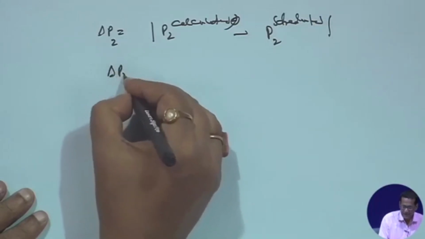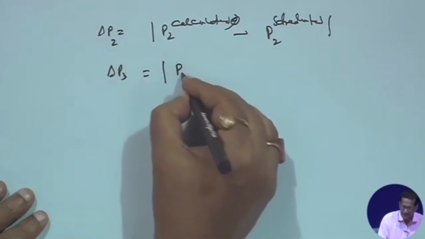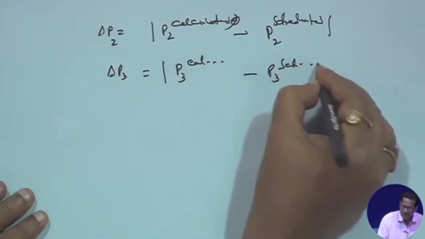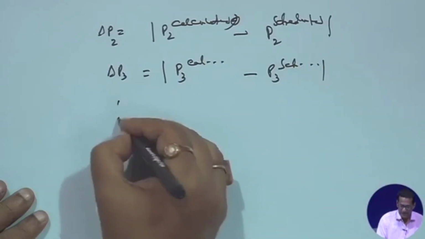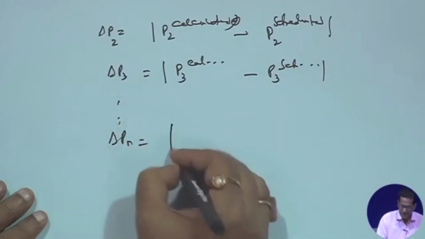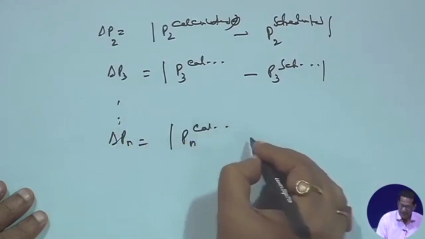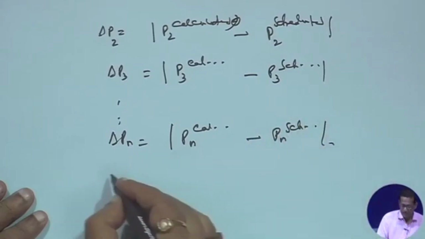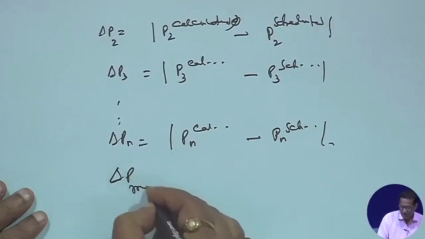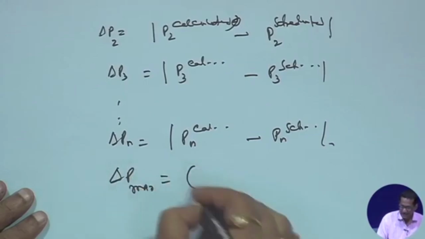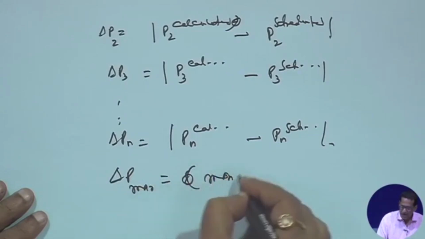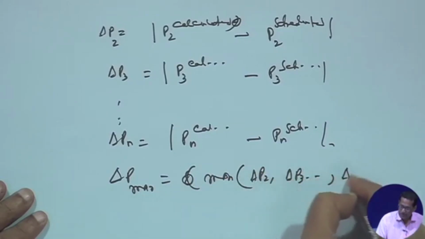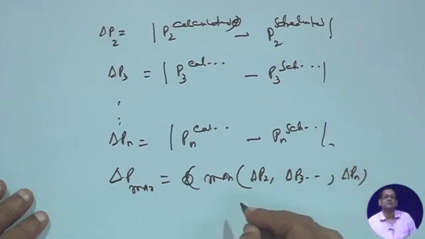Similarly, delta P3 is equal to P3 calculated minus P3 schedule. Similarly, delta Pn is equal to Pn calculated value minus Pn schedule value. Out of this you do the same as before, the way you do the voltage: delta P max is equal to the max of delta P2, delta P3 up to delta Pn.